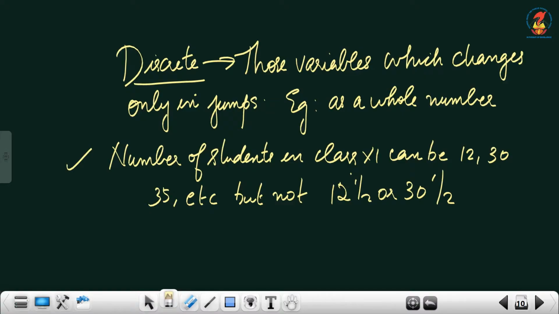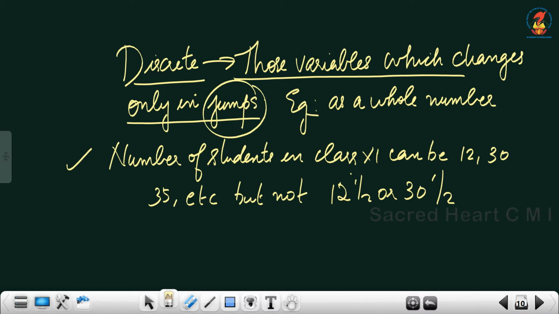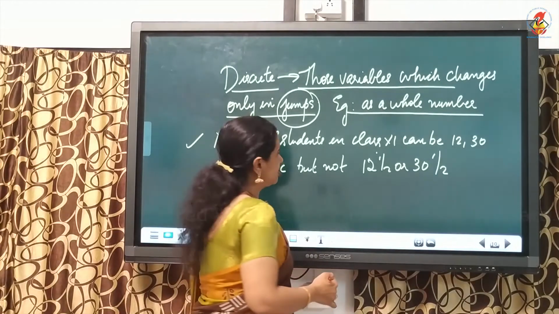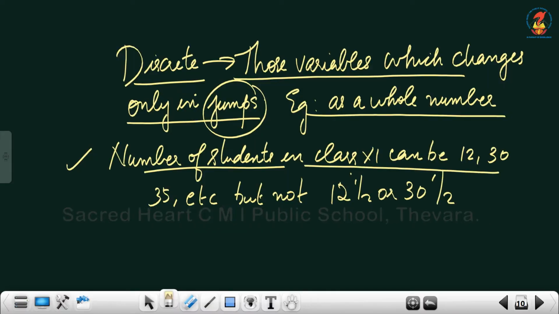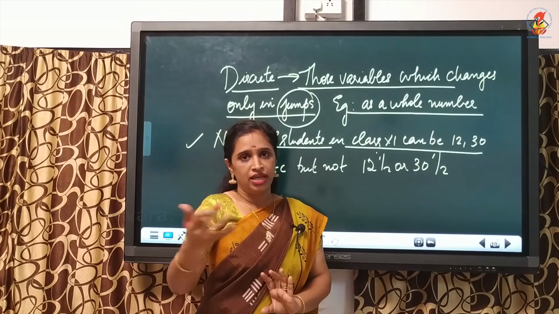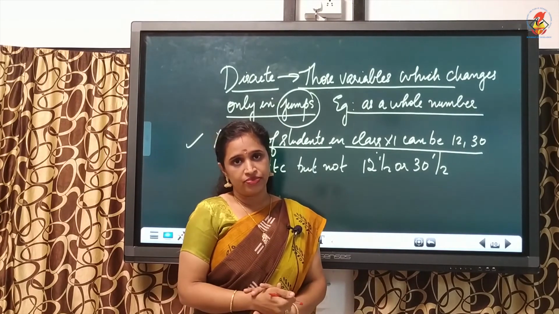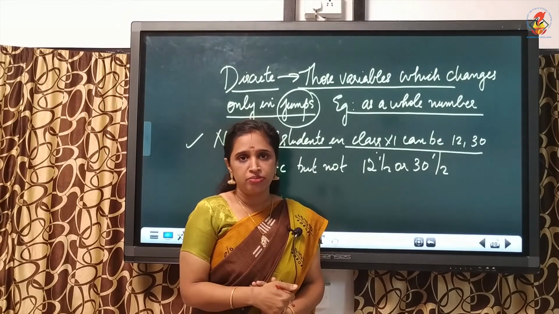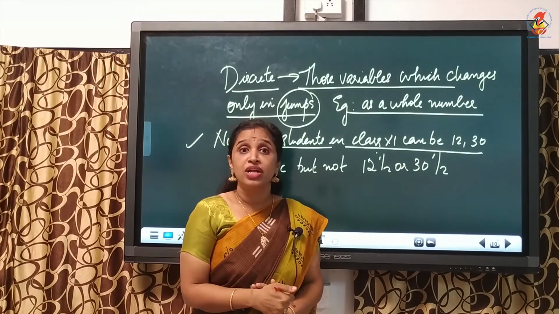What are discrete variables? Discrete variables are those variables which change only in jumps, that is as a whole number. A best example which I can make clear is the number of students in class 11, which can be 12, 30, 35, etc. If somebody asks you how many students are there in class 11, 11A or 11B, whatever it is, you will say, yeah, we are 35 in number, but you will not say we are 34 and a half, right?